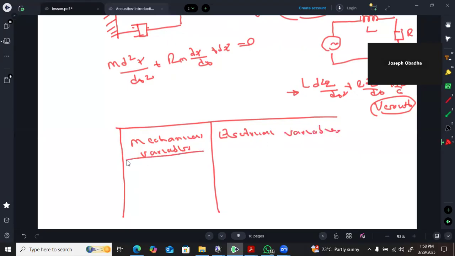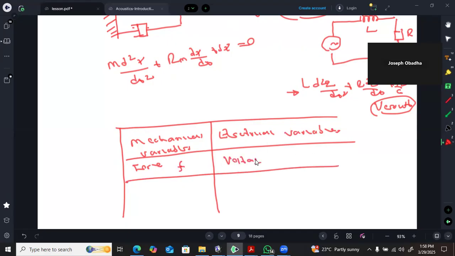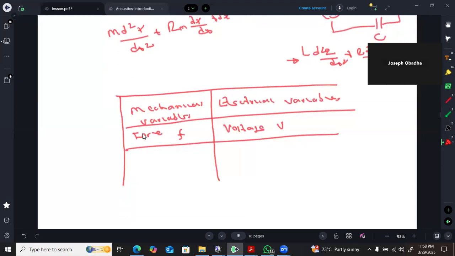So we have seen you can relate the two so that you have the force F corresponding to voltage V. You have impedance Zm, which corresponds to impedance Z.